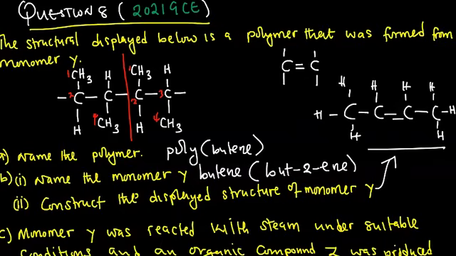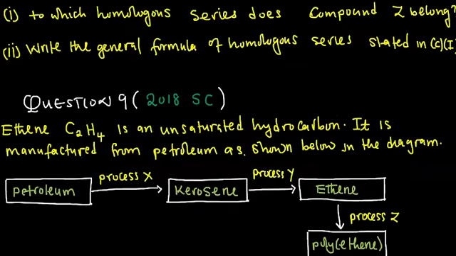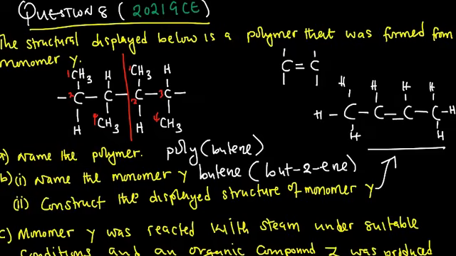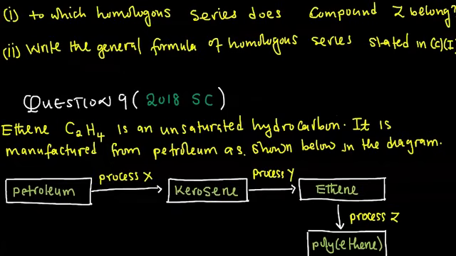So like I said, we've started now looking at just a repetition of what we've looked at. So monomer Y was reacted with steam. So immediately you hear of steam and alkenes, just think of what is formed: the alcohol. So in this case, we said the monomer is butene, or but-2-ene, which means the product will be what?